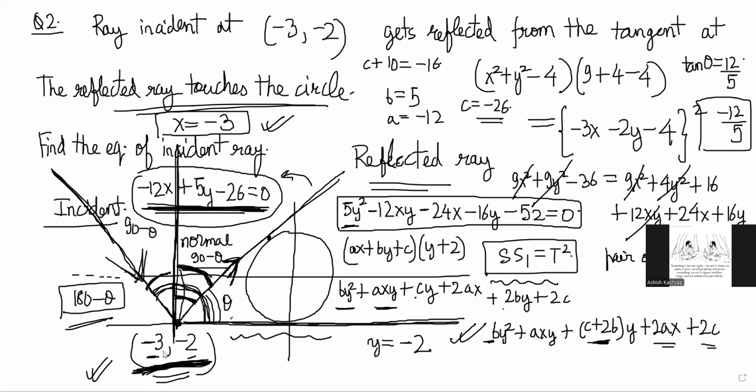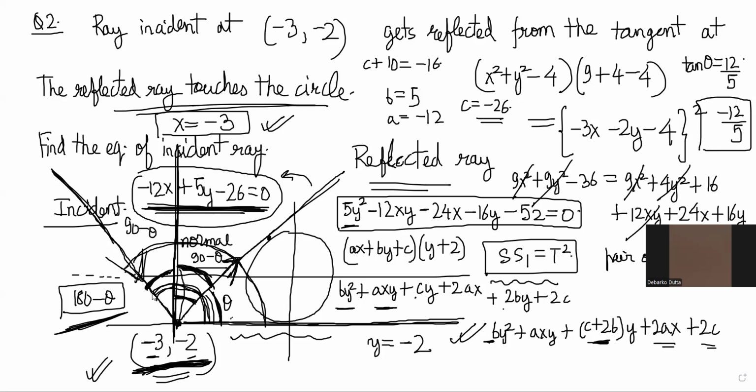Do you understand what I'm doing? I'm not doing something too complicated. I'm not trying to find bisectors or anything, right? I'm doing simple geometry. I already know the slope of this line, tan theta. So I can find out this is 90 minus theta, this is 90 minus theta. So the overall angle here is 180 minus theta, right?